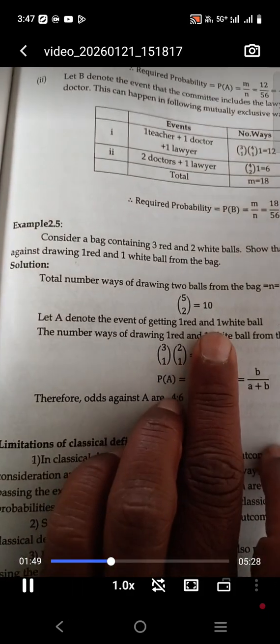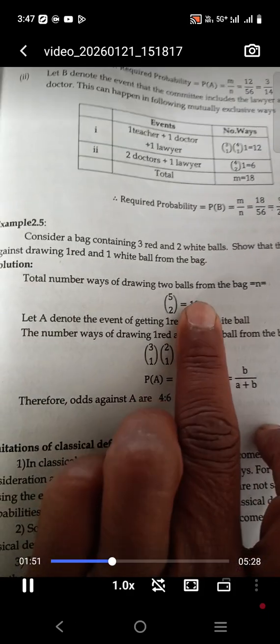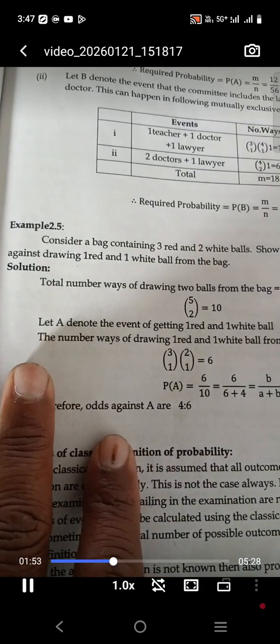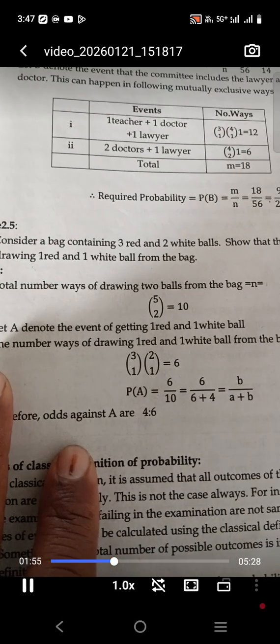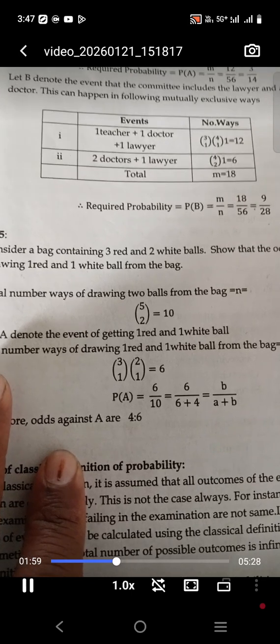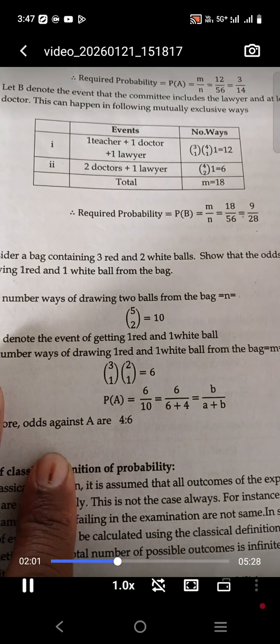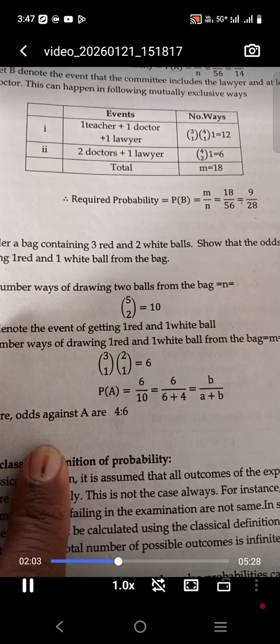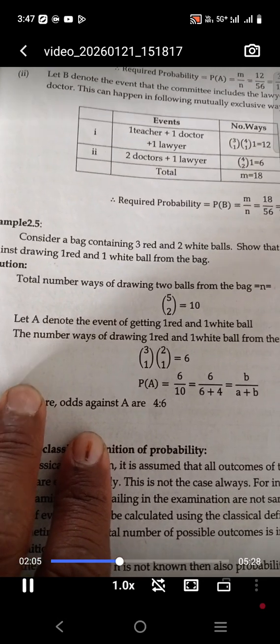Here the total number of sample space is 10, and therefore let A denote the event of getting one red and one white ball from the bag.